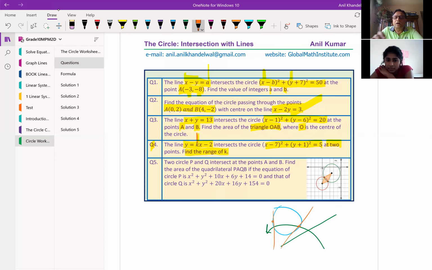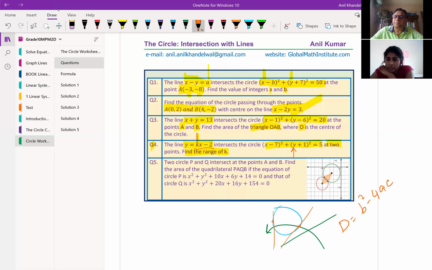Perfect. Now, when you substitute the value of y right there, then you have a quadratic equation which involves k. Now that quadratic equation will have a discriminant. You remember the discriminant D, which is b squared minus 4ac. It connects to what you learned in simultaneous equations, working with quadratic and linear equations.